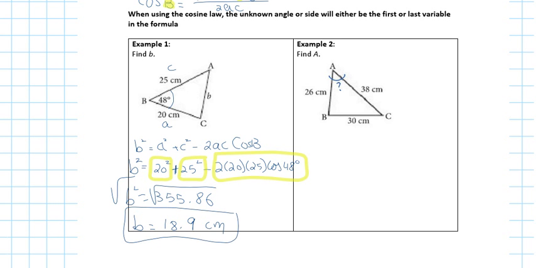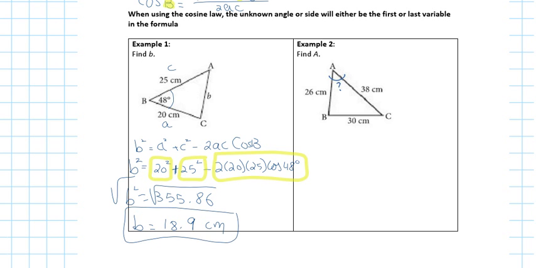Can I just use your calculator for a second? If I do 20 squared plus 25 squared minus 2 times 20 times 25 times cosine 48, I get this whole number. Technically speaking, I just do the square root of the answer, and that would be mine.